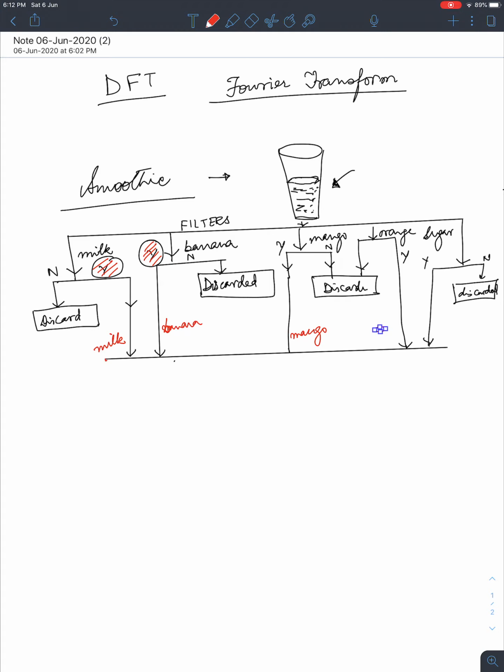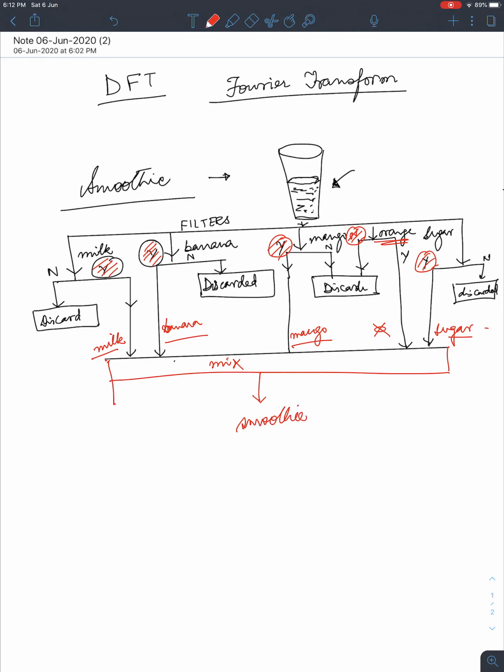So for the mango it was a yes, for orange it was a no. So the orange was discarded. And was there sugar there? We found that yes, there was sugar there. So if we take this banana, milk, mango and sugar, and we mix them together, we get back our smoothie.